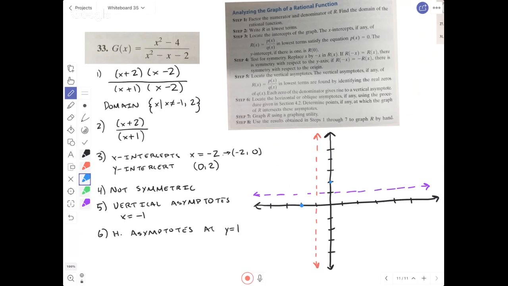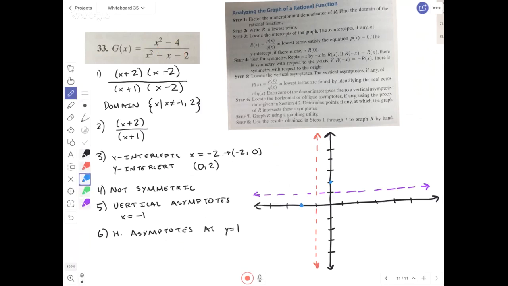So let's see. Is this graph coming in from above or below? Let's plug in -3. -3 squared is 9, minus 4 is 5. Down on the bottom, 9 minus 3 is 6, plus... so that's 10 with the factors, and 5 over 10 is 1/2.